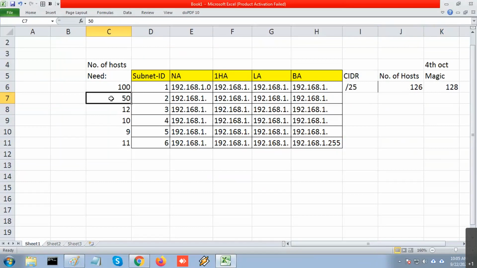Host bits would be 6. So how many hosts will we get? 6 bits means 62 hosts. Okay, so what is the CIDR?